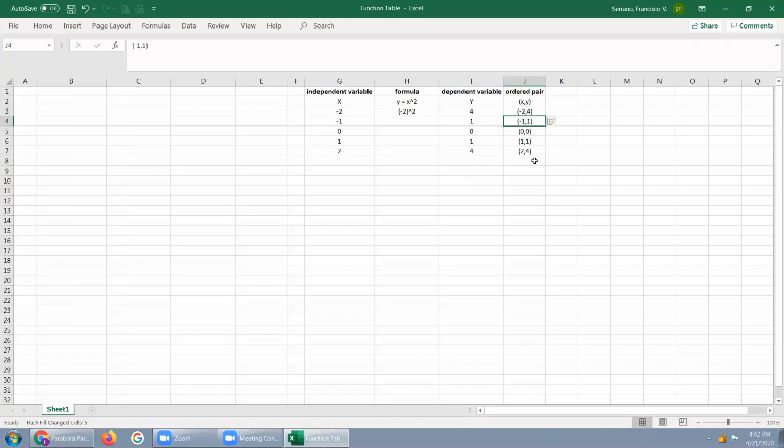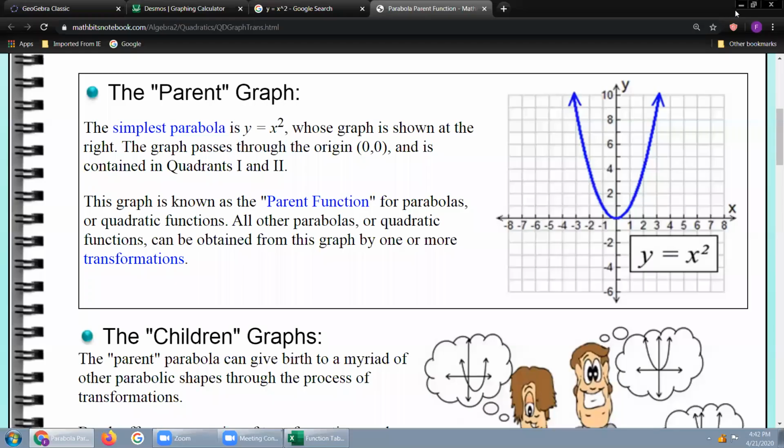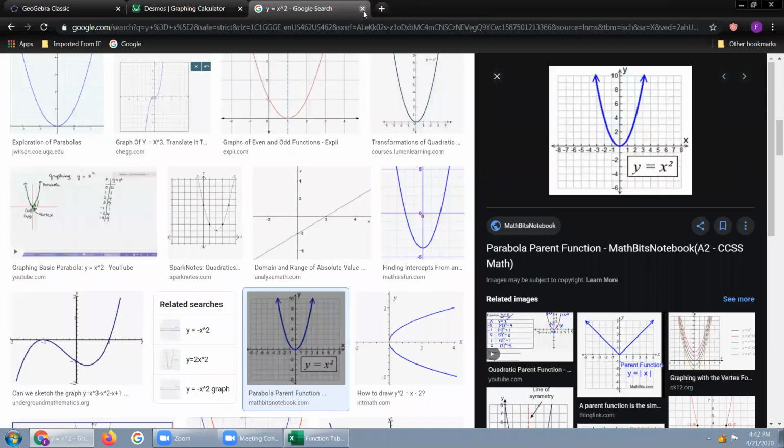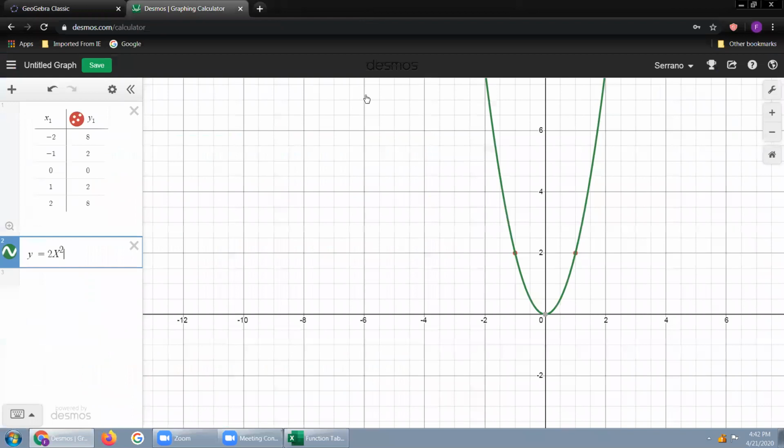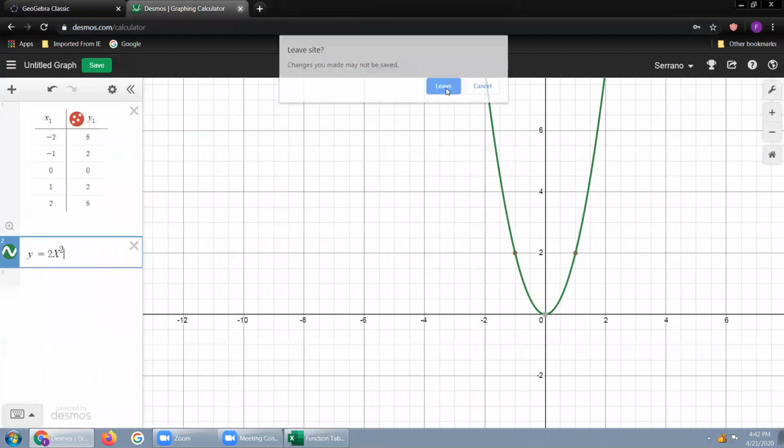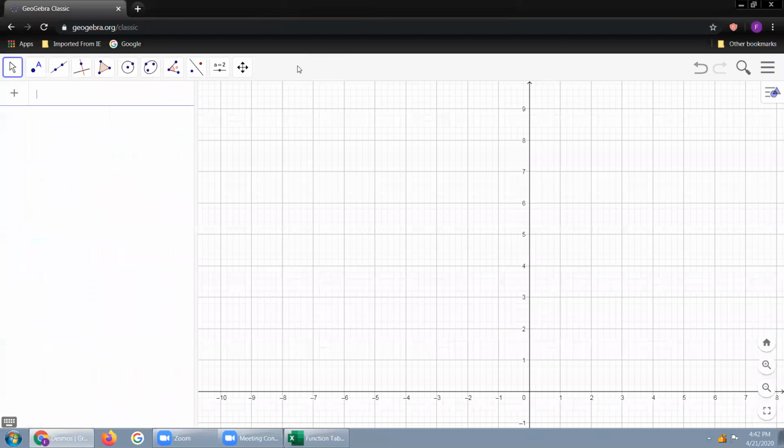So it did all the points for me. Great. So now let's plot this parabola, this nonlinear graph. I hope you took this. I'm going to close it. We don't need the pictures anymore. We actually don't need Desmos anymore because we're going to do it on GeoGebra.